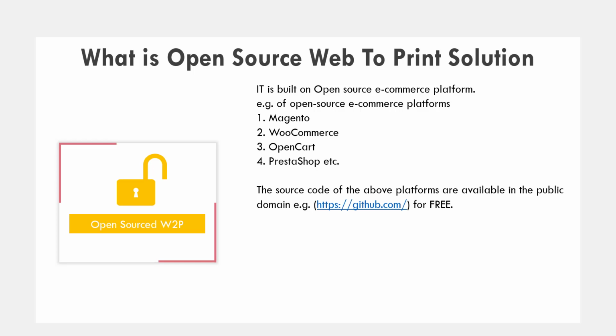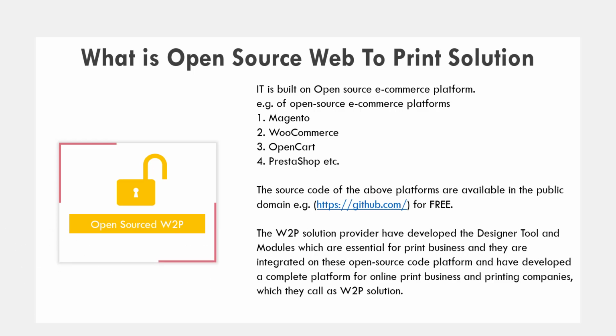They integrate that. Now the web-to-print solution providers have a team of developers. They create a designer tool and different essential modules related to print business, and then they integrate their source code with the existing source code.